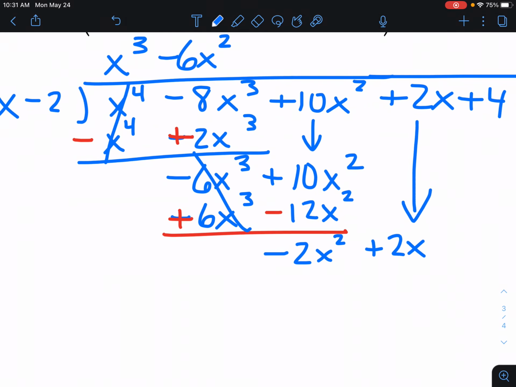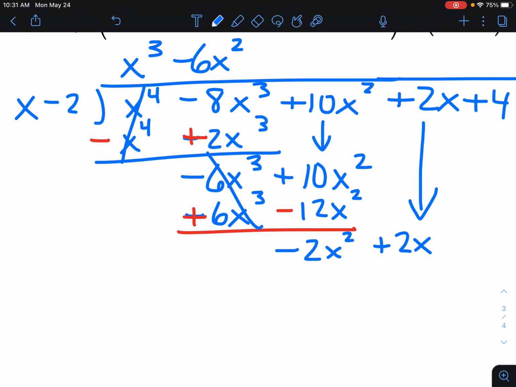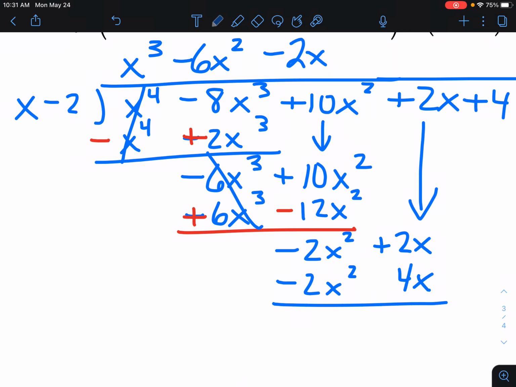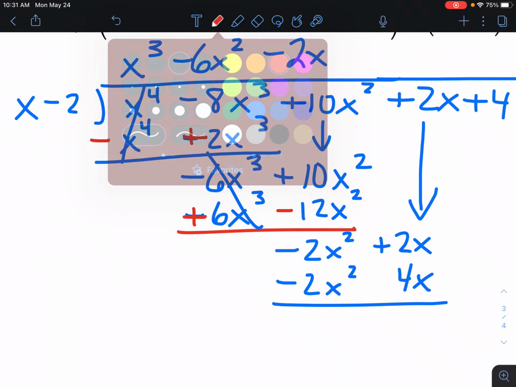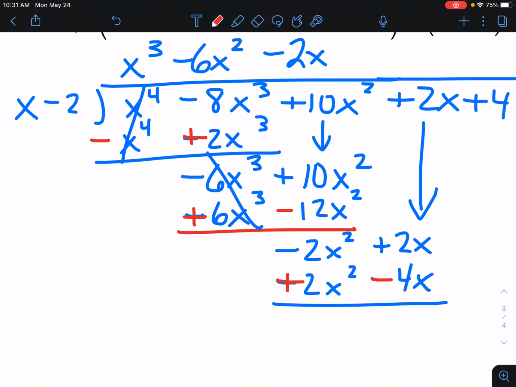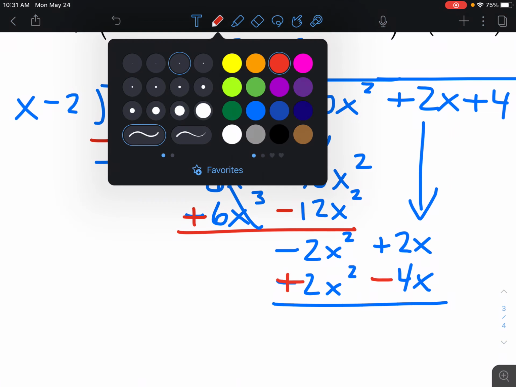And do the cycle again. First term divided by first term. -2x squared divided by x is -2x. And then distribute the -2x times x to get -2x squared. And -2x times -2 is 4x. Subtract the second row. Then add.